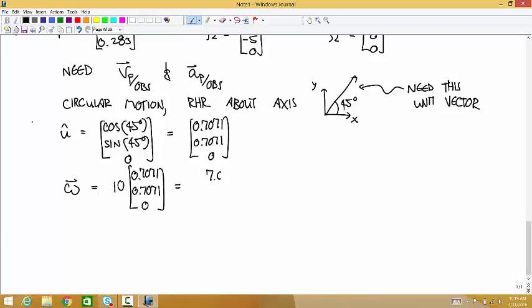And so you get 7.071, 7.071, 0. And that's the angular velocity in radians per second. And what's the angular acceleration? 0, yep.